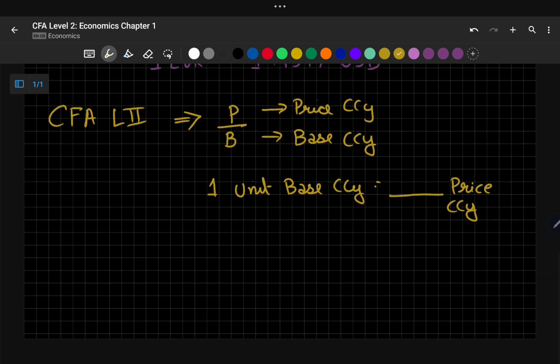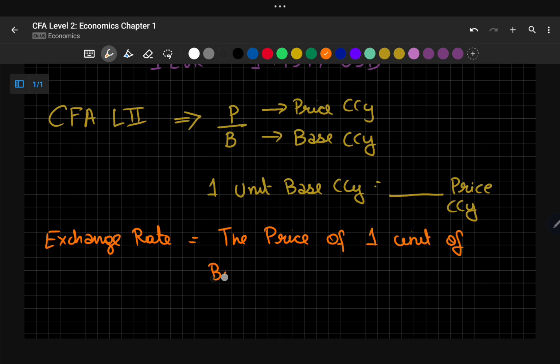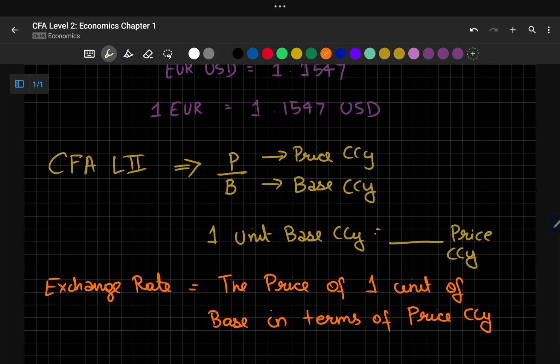So now I'll write what an exchange rate is in written format. Exchange rate is equal to the price of 1 unit of base currency in terms of price currency, that is 1 unit of euro in terms of USD.